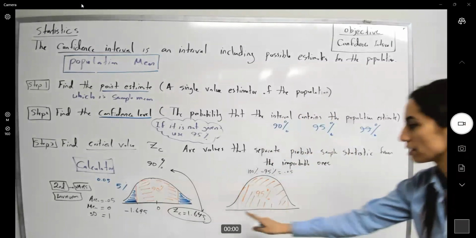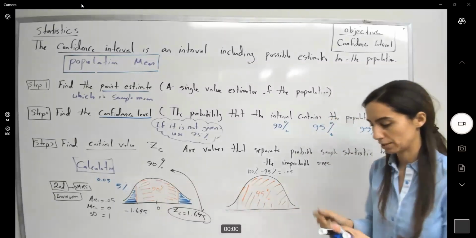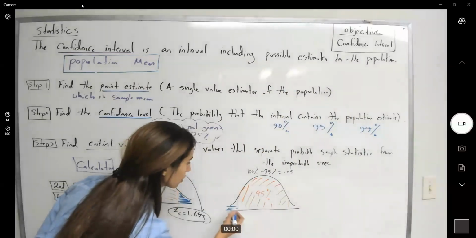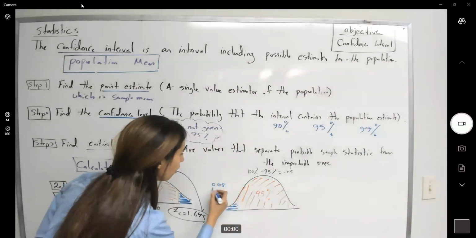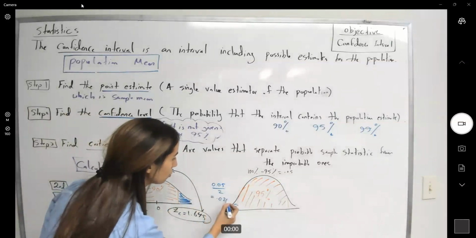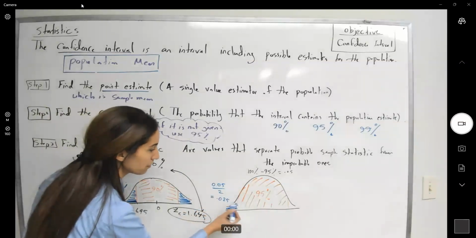This 5% is divided into two equal portions. This little area is 5% divided by 2, which is 0.025.